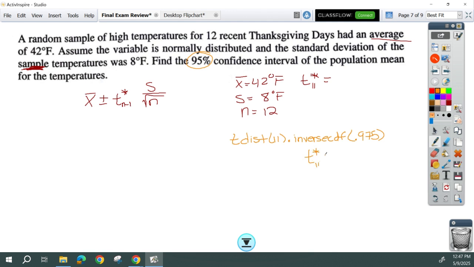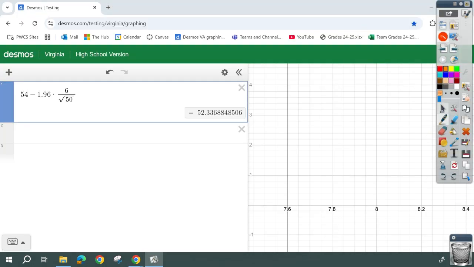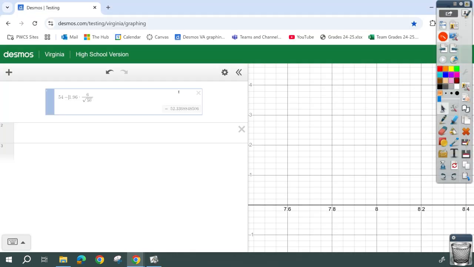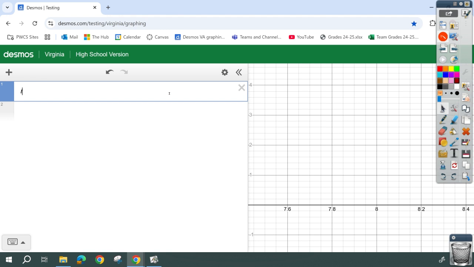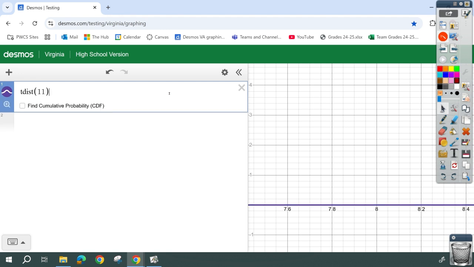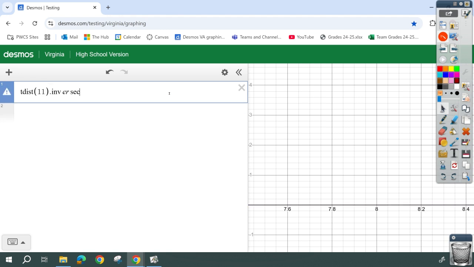And I will do this in Desmos this time just so you see it. So we're going to tell it we have a T dist. See, it prompts us for the degrees of freedom. We have 11. Then we're going to tell it area is 0.975. It shouldn't be the same as Z star for 95% confidence. It's going to be different because we have a T distribution.